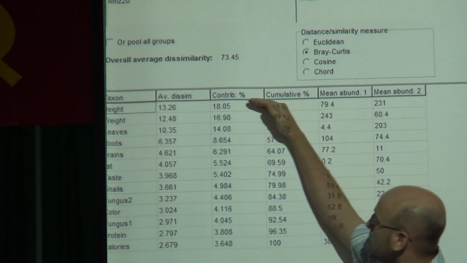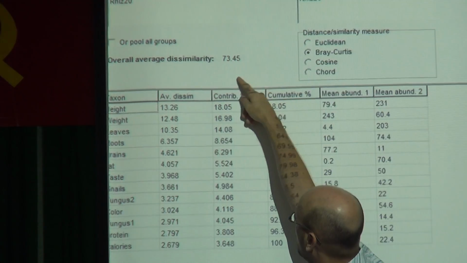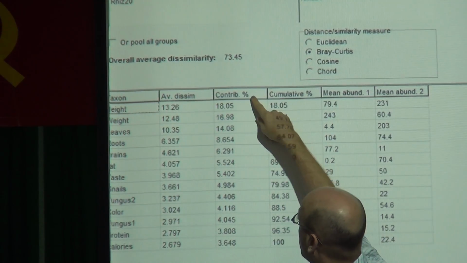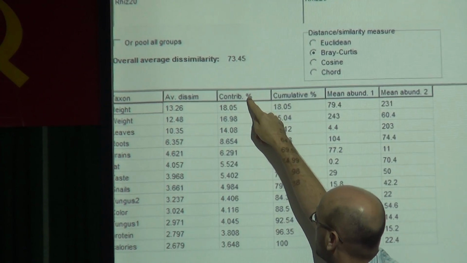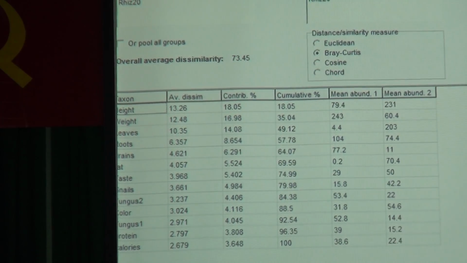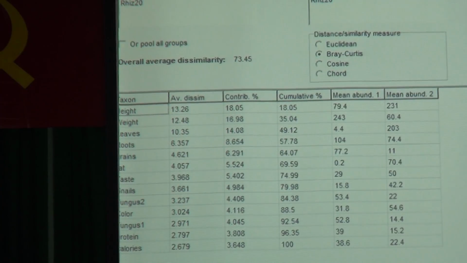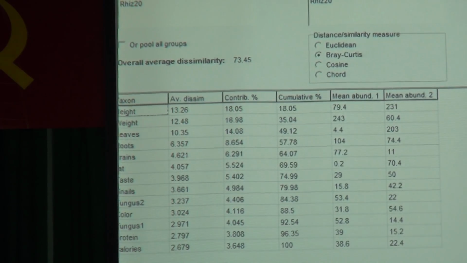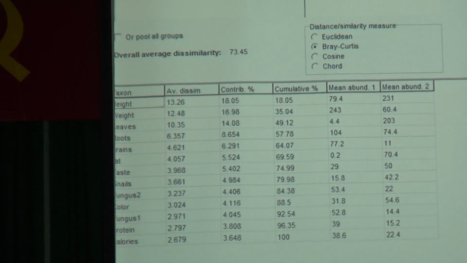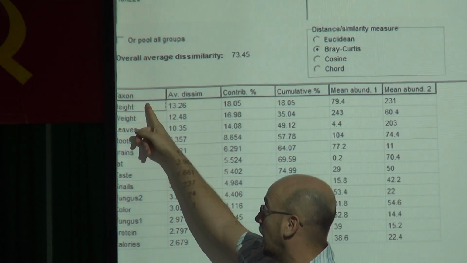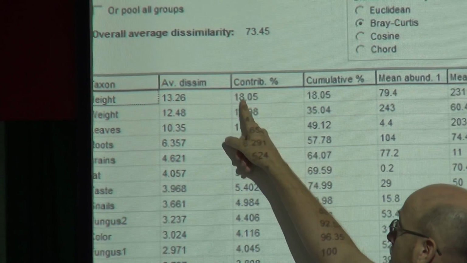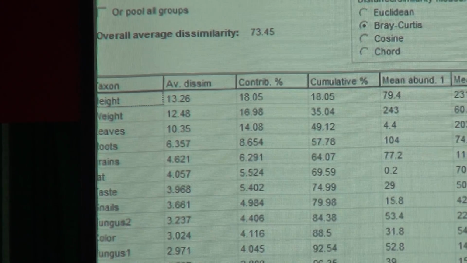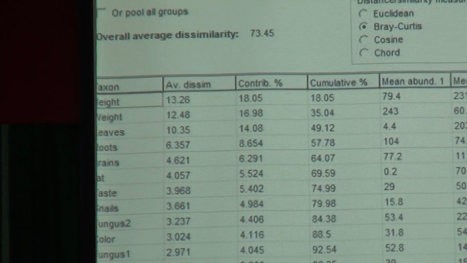And what we would look for here is the contribution in percent to the difference. So the highest parameter, in this case the height of the soybean is the most different between those two groups.